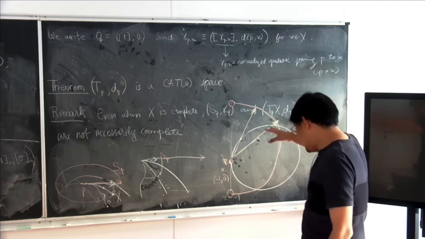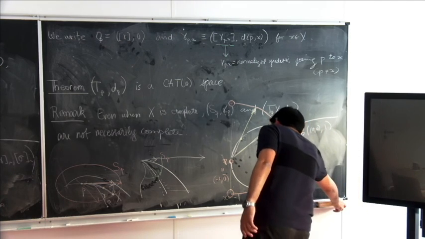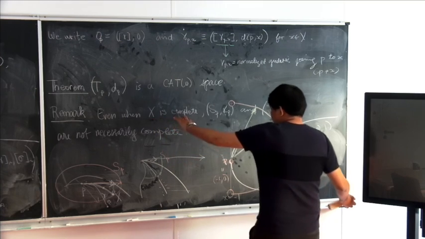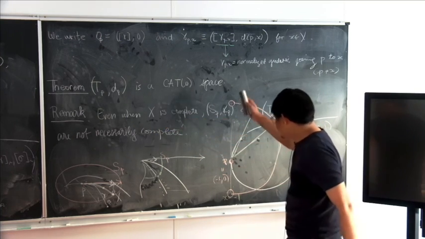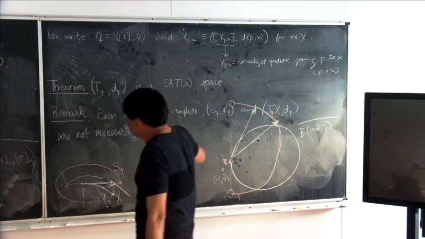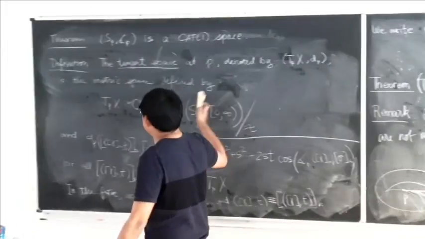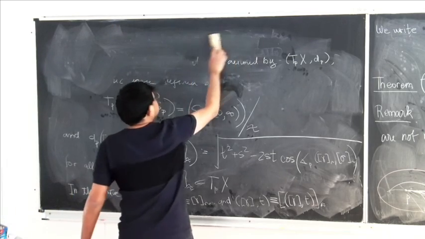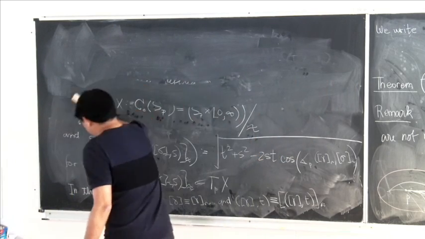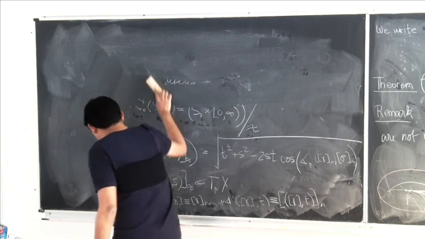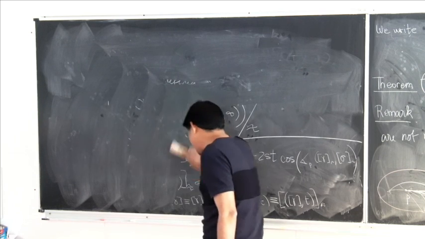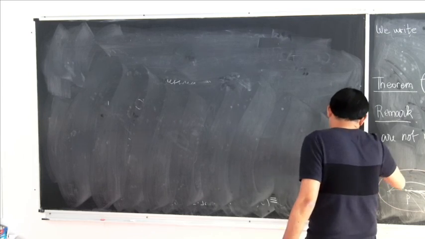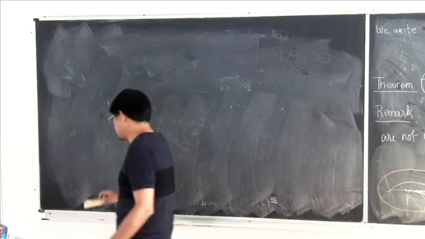So this is a very simple example showing that even when you have a complete CAT(0) space, the space of directions and consequently the tangent space can be incomplete. That's what can go wrong, because on a manifold, the tangent space is always a Euclidean space, and that is always complete. So that's one thing that can go wrong.